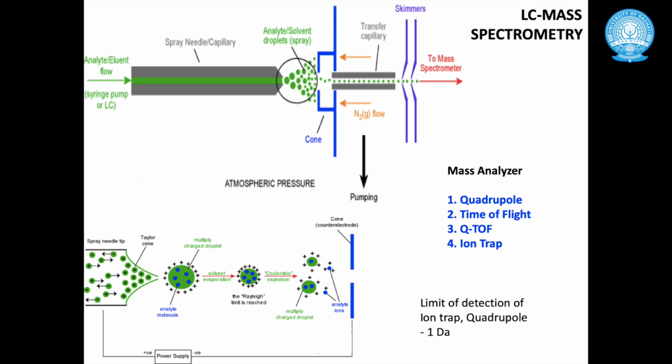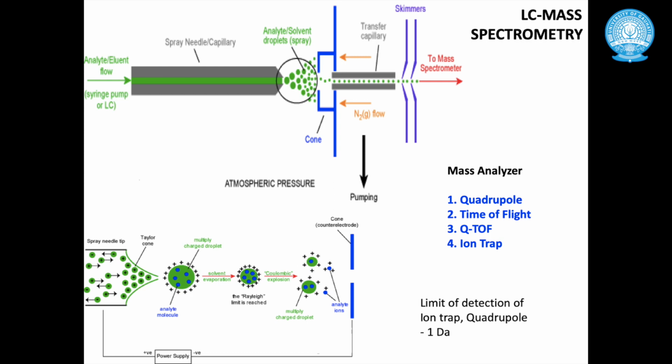So ideally, the peak represents the [M+H]+ species. This species is called the precursor ion.